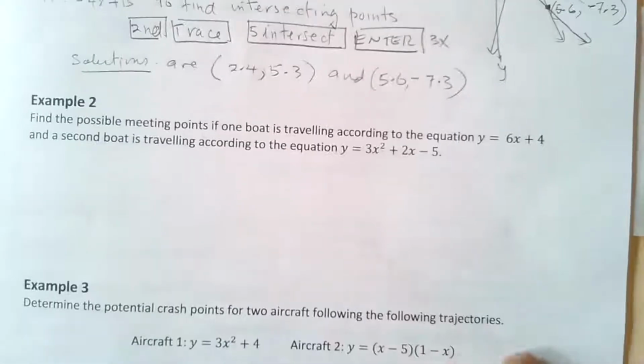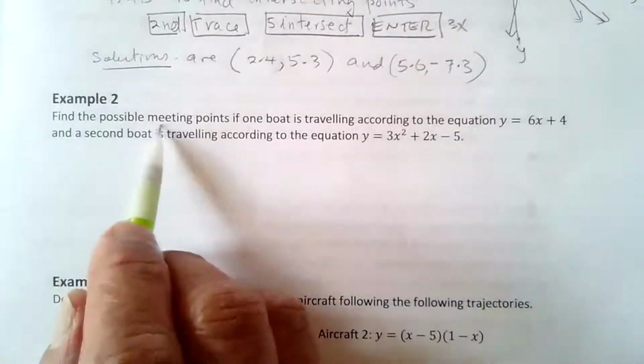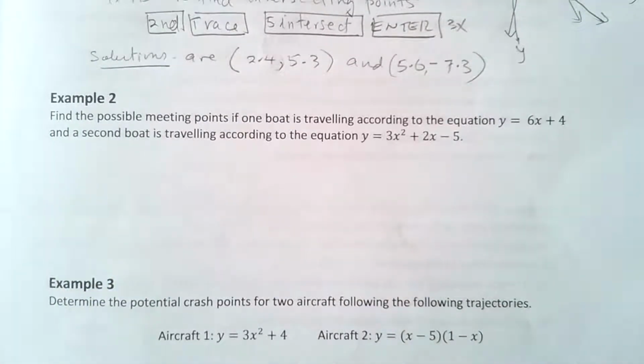Okay. The next one: find the possible meeting points if one boat is traveling according to the equation y equals 6x plus 4, and the second boat is traveling with y equal to 3x squared plus 2x minus 5.